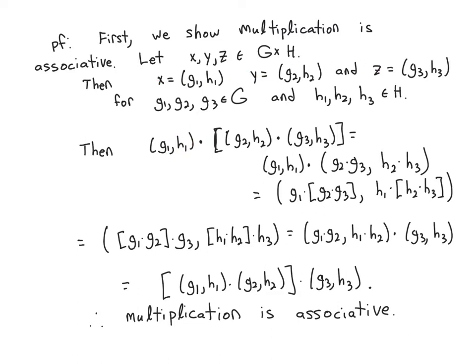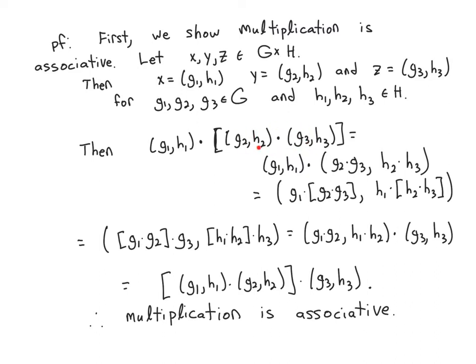Well, this is x. This is y times z. To make the reading a little better, I'm using square brackets for where we normally put parentheses. So the first element times the product of the last two is given by this formula right now. Well, there's not much we can do, so we apply the definition of multiplication to this y times z.